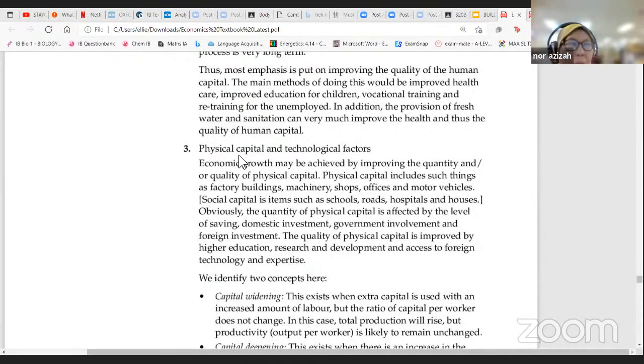But if you have questions and you answer like that, there will be no marks. So you have to be very specific in what way. How does human capital work to increase economic growth? This is where you can describe it in terms of quantity.